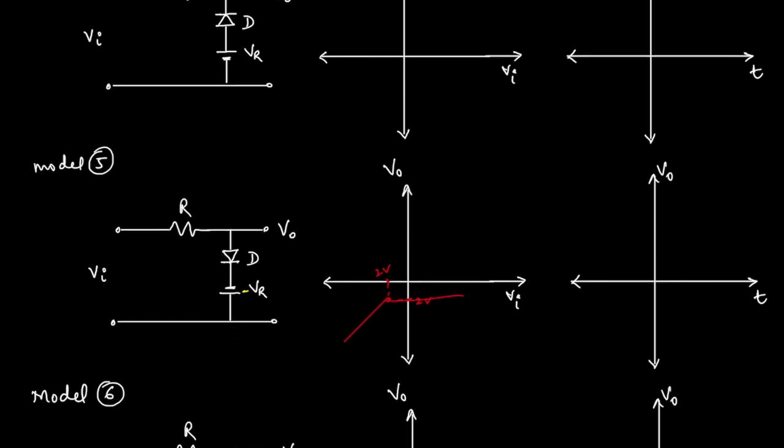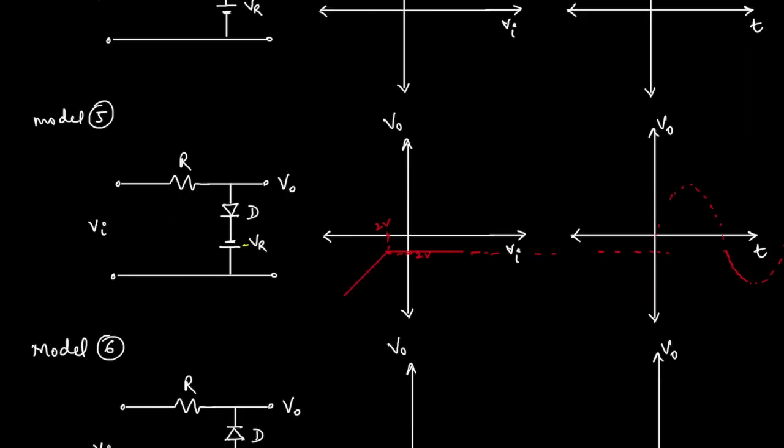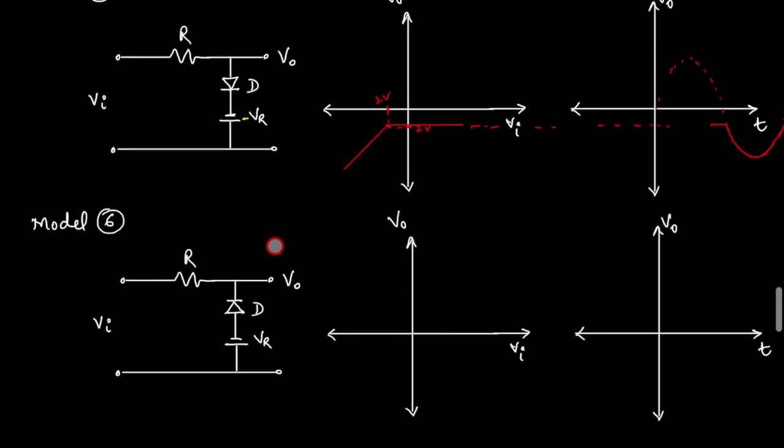So this is the slope. So what is the output you can draw from here? This is our input. Where the slope is intersecting, it is like this. This is the output. So these two you try.